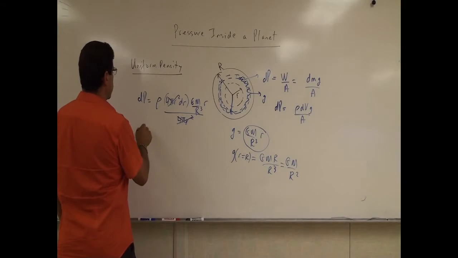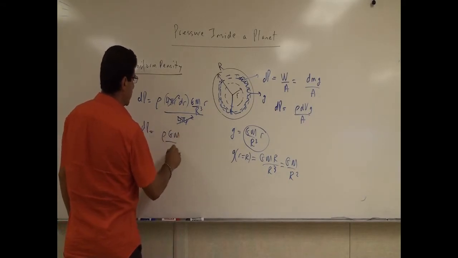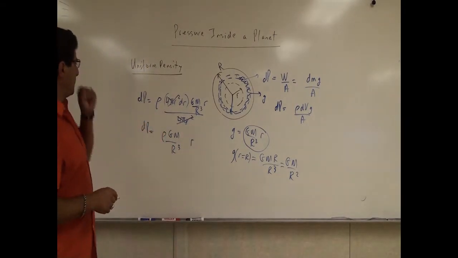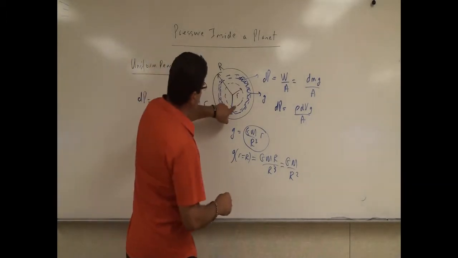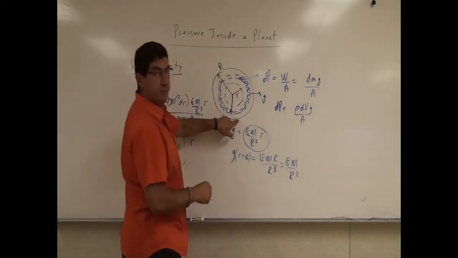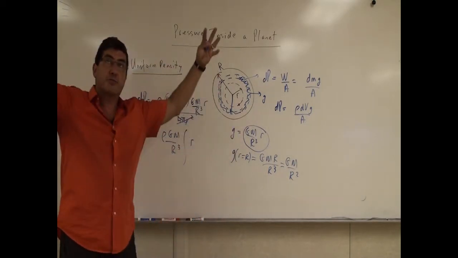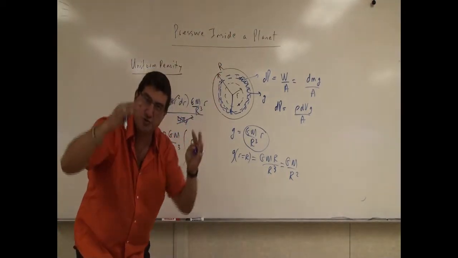And then you're going to get dP is equal to rho GM over R cubed, and then you have here r. Okay, and then you're going to integrate this from wherever the little r is all the way to big R, right? Because when you're at a certain location here, all the pressures of all the spherical shells above you are pressing down on you, right?